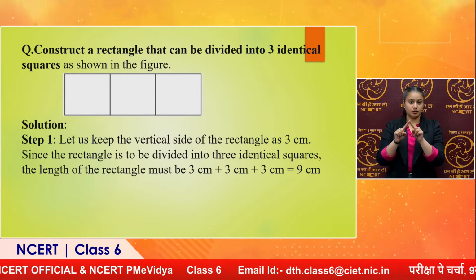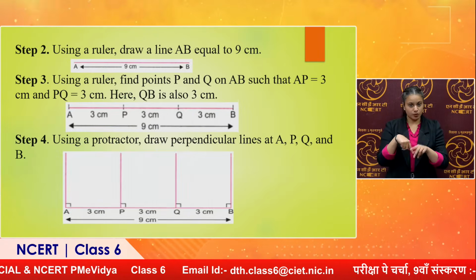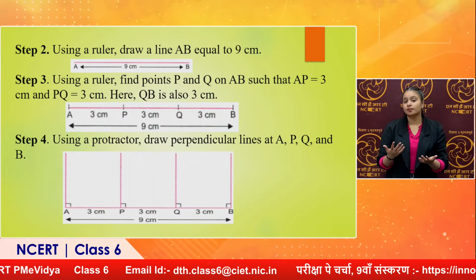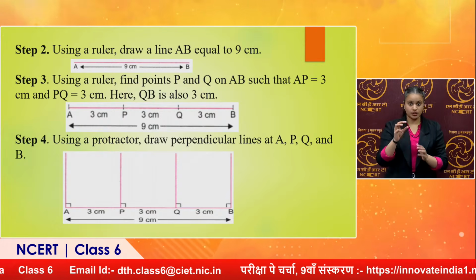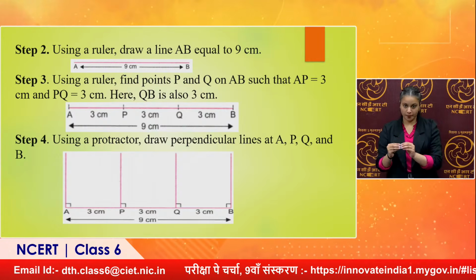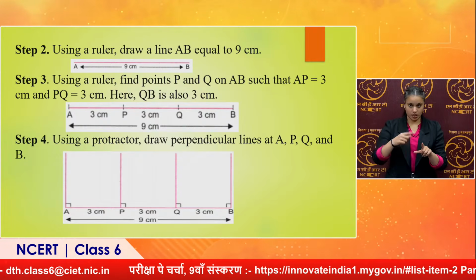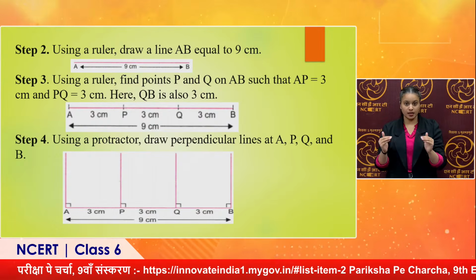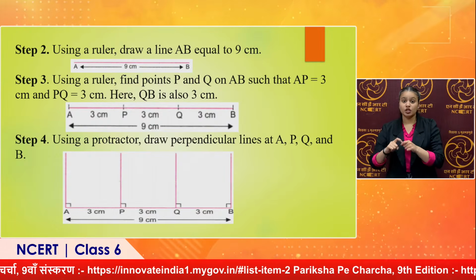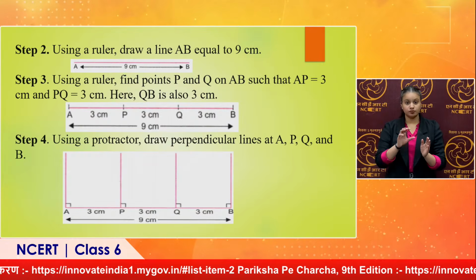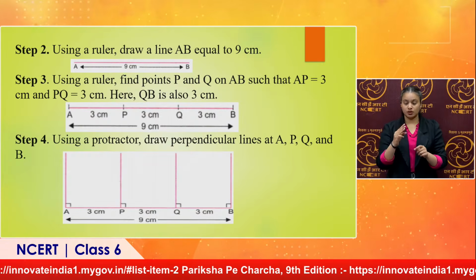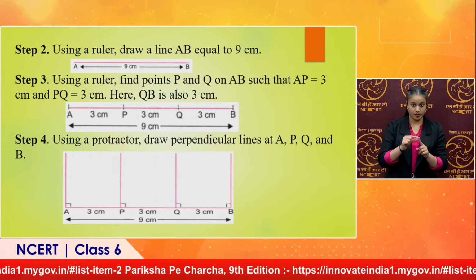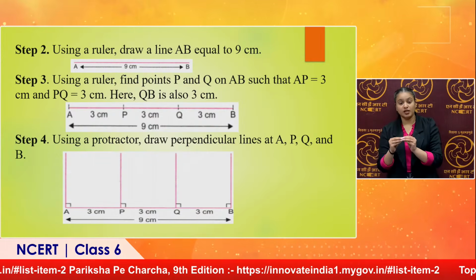We will begin by taking a length of 9 centimeters. Let us name it AB, and using a ruler find points P and Q such that AP is equal to 3 centimeters and PQ is equal to 3 centimeters. Here QB is also 3 centimeters. Can you see AP, PQ and QB are all of equal length, 3 centimeters?